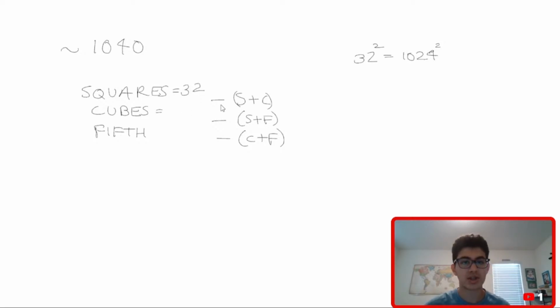Now, how many cubes are there? 10 cubed is 1,000, 11 cubed is like 1331. So there are just 10 cubes. And how many fifth powers? We can go until 4. So I think 4 to the fifth will end up being exactly this, so that we'll worry about that later. So there are 4 like that.